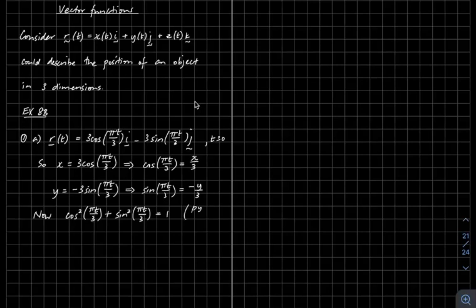So that's our Pythagorean identity on our formula sheet. And so substituting in, cos of pi t on 3 was x on 3, so this one here is going to be x on 3 squared, and this one here is negative y over 3, squared, equals 1.